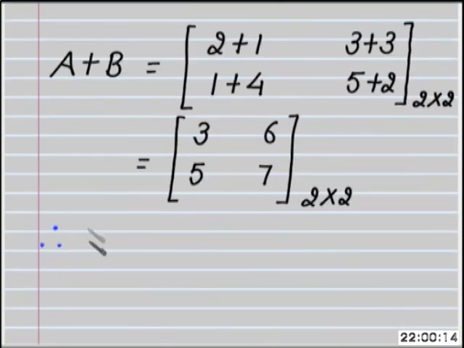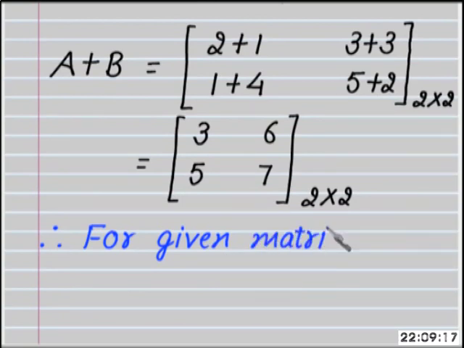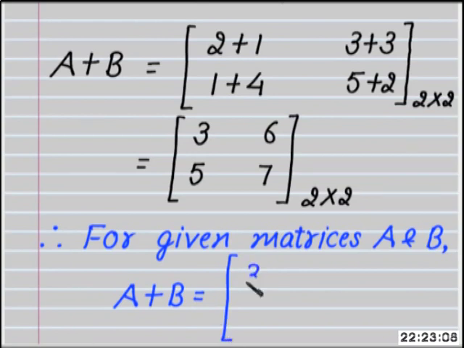Therefore, for the given matrices A and B, matrix A plus matrix B is equal to the square matrix whose first row elements are 3 and 6, second row elements are 5 and 7, and it is of order 2 by 2.